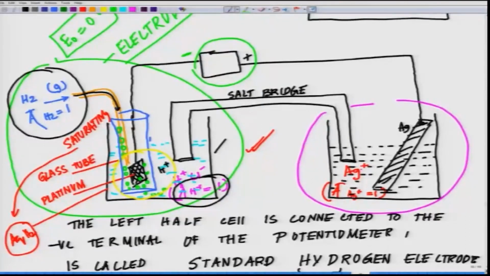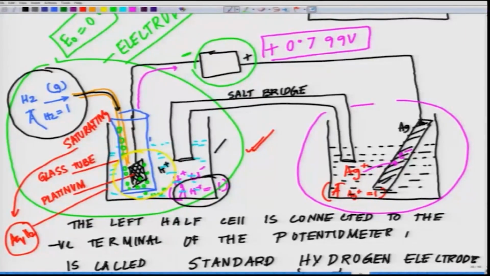From the solution, Ag plus goes and deposits here and looks for an electron. The electrons are flowing from here, and what you observe on the meter is a positive voltage, 0.799 volt. Now you remember the axiom I was trying to tell you. Why is this important?